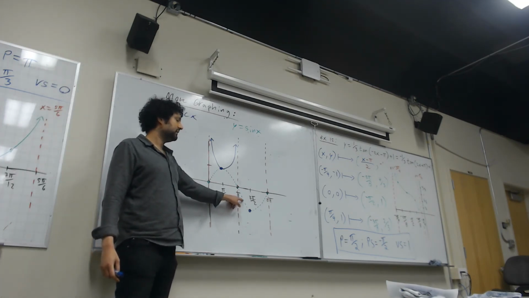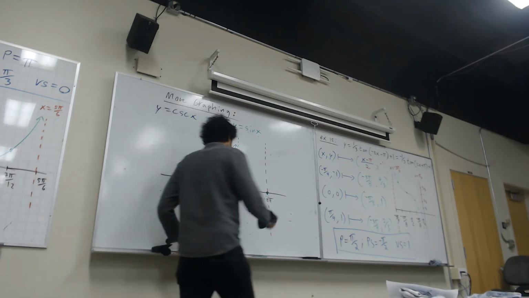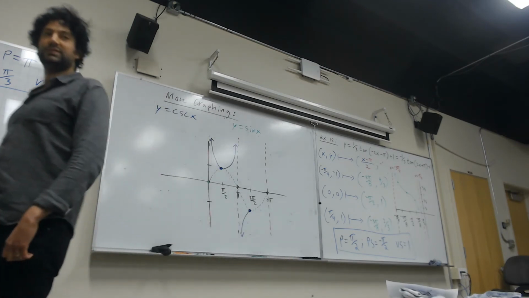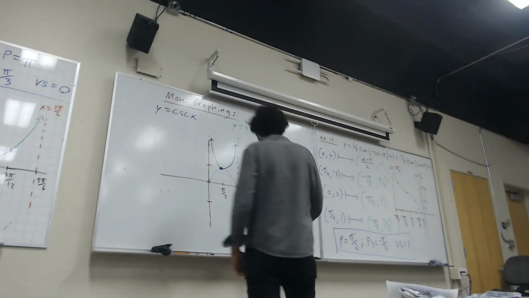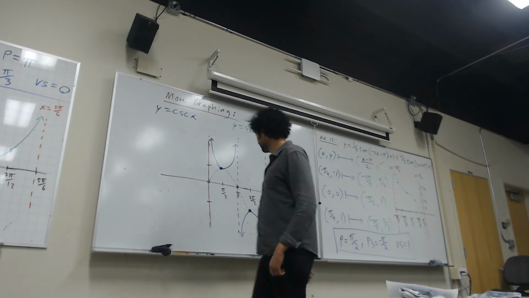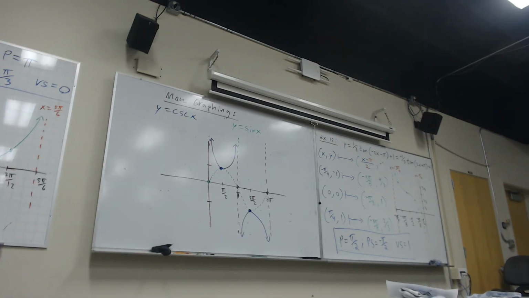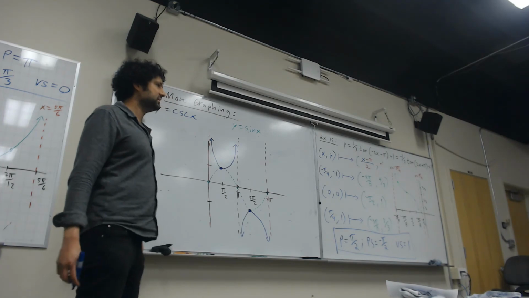So they're all negative, but their absolute values are getting smaller and smaller. So they're getting larger and negative. The reciprocal of something small and negative is something big and negative. So that's a full cycle for cosecant. Remember, you don't care about the green, it's all about the blue, and then the red is the asymptote.